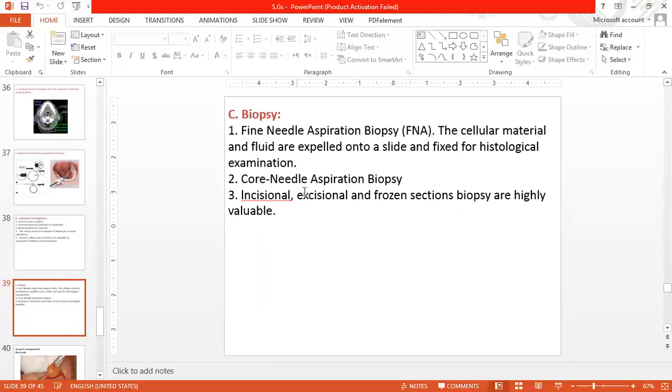But incisional biopsy is contraindicated in the parotid region because of the possibility of injuring the facial nerve and the possibility of tumor seeding inside the parotid. So the only indications for incisional biopsy in the parotid region are in cases of TB and sarcoidosis, and in case of lymphoma we can go for incisional biopsy from the parotid region.